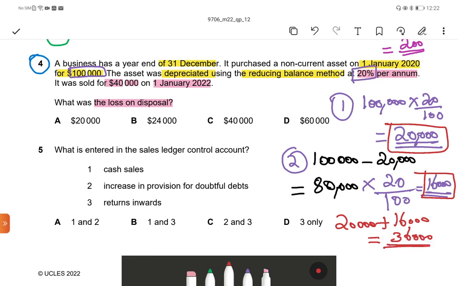So what is the net book value now? The net book value is 100,000 minus the total depreciation we calculated, 36,000, is equal to 64,000.